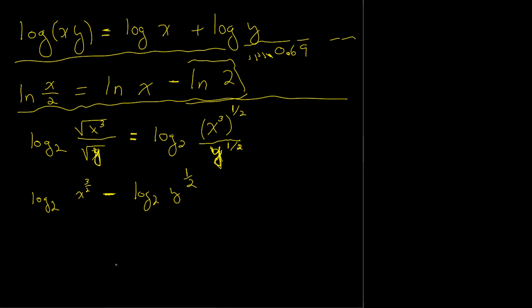I use my power rule here to bring these exponents together. I use the division to separate this logarithm into subtraction. Now I'm going to use my power rule, which tells me I can multiply this out front. And I'm going to do the same here. And this is called expanding logs.